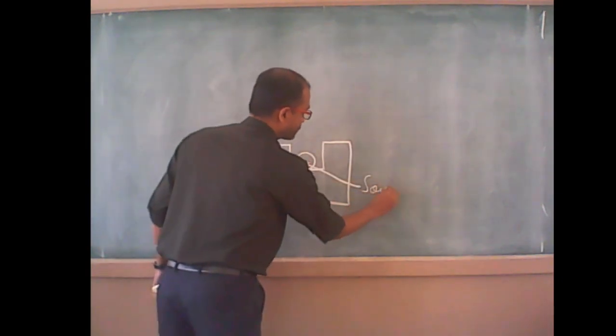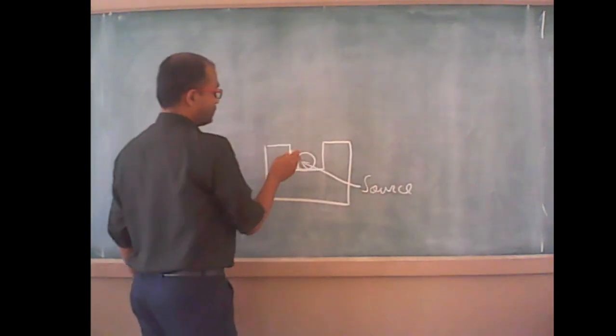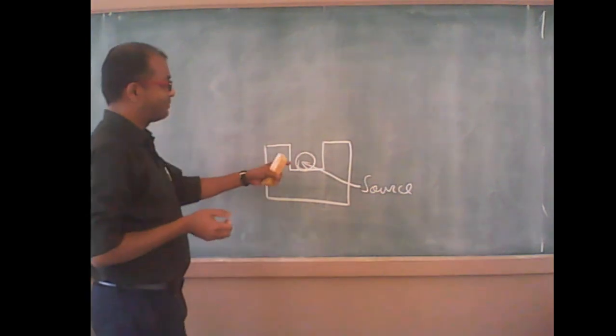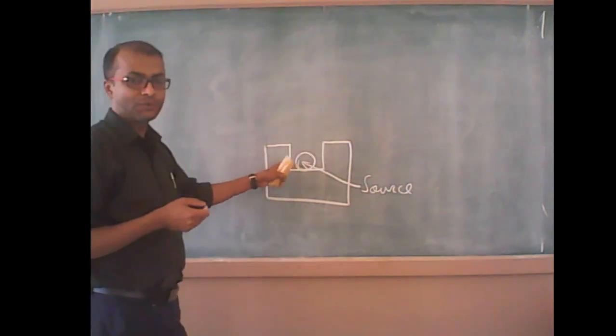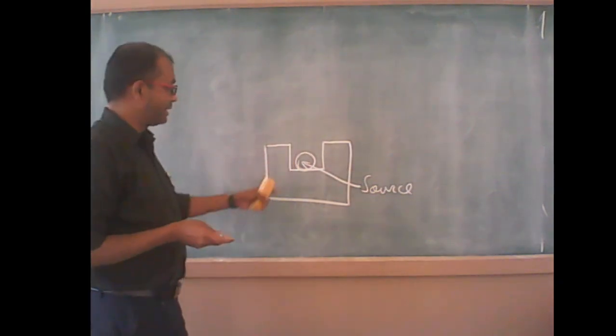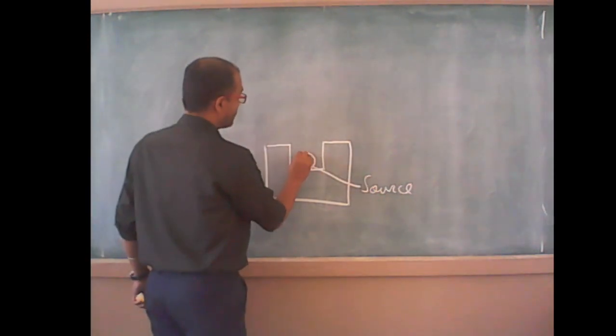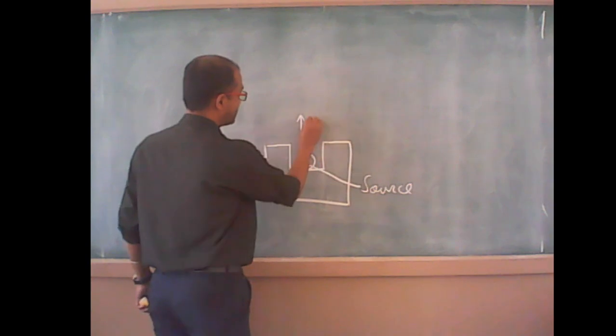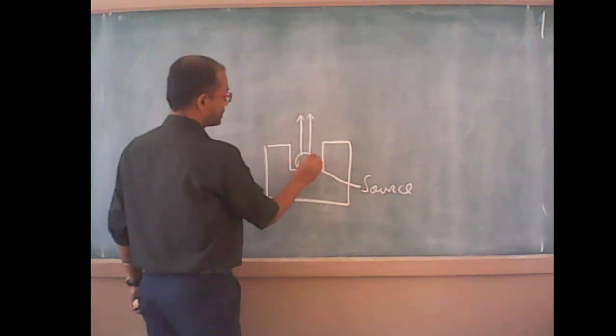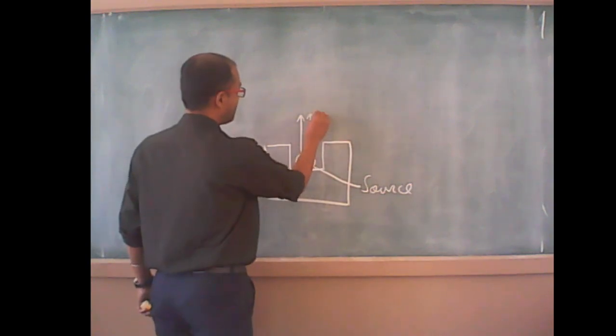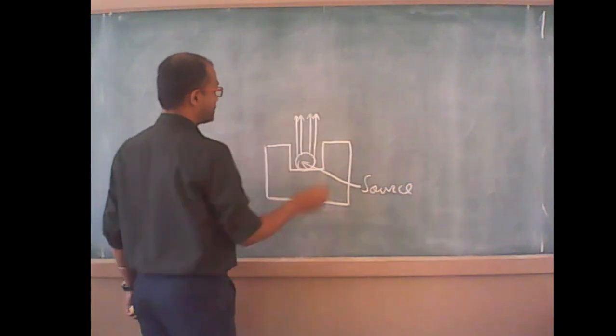This radioactive source will emit particles and radiations. They will be emitted in this direction. We have this kind of a structure so that the particles and radiations are emitted in one particular direction.